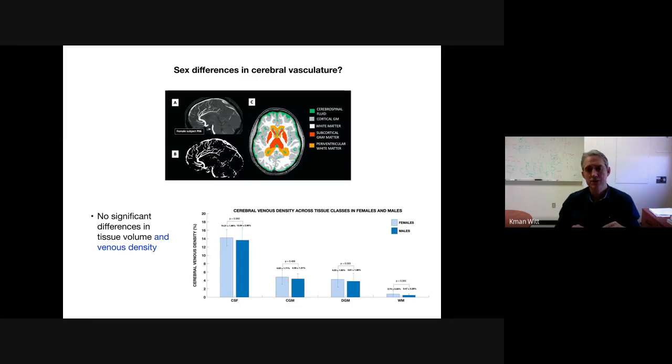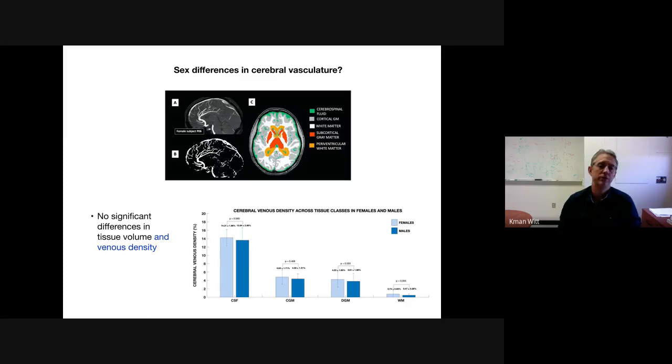But here I'll show you it's also important to keep track of the male to female ratio in your cohorts. And this is because, for example, as I'll show later, in diseases like multiple sclerosis, this type of disorder affects more women than it does men. And so if there is a vascular component to multiple sclerosis, well, then we need to make sure that there's no bias in otherwise healthy males and females.